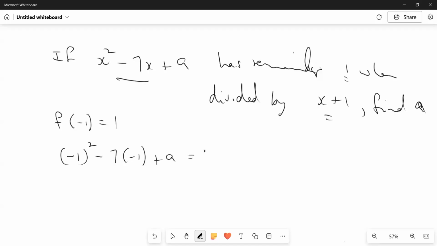All of this should be equal to 1. That's the remainder. So you get 1 plus 7 plus a equals 1. So you get 8 plus a equals 1. a then is equal to -7.